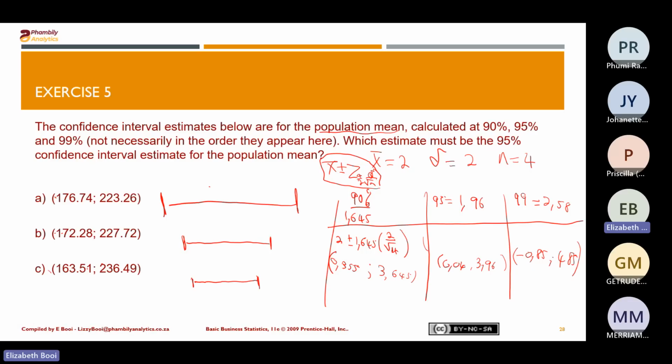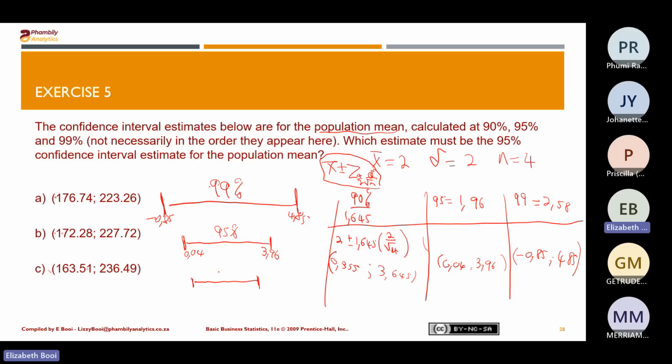This looks like a bigger limit, so it means this is a 99% confidence level, right? Because it goes from minus 0.85 to 4.85. The next one is a 95% because it goes from 0.04 to 3.96. You can see that they are still within those limits, right?